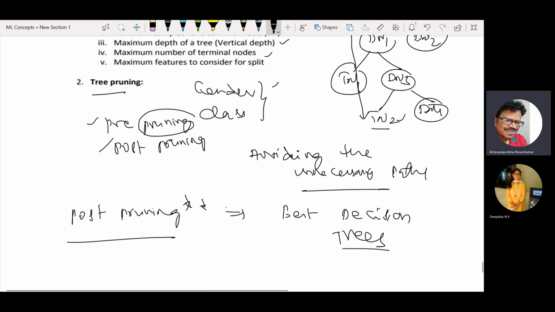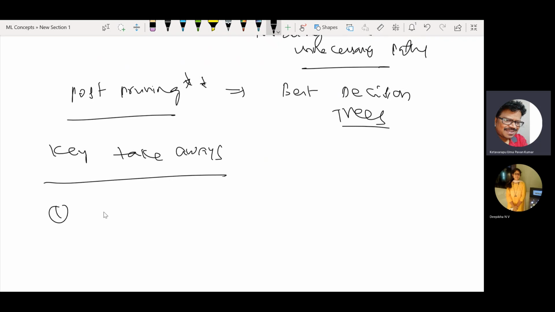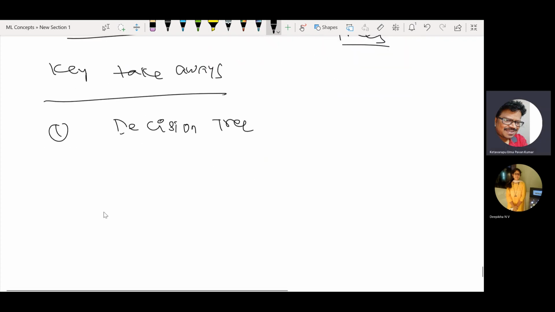Now, before taking leave, before terminating the session, let me give you the key takeaways, where you can revise the things. We have introduced the decision tree, the tree structure, and then we have seen some terminology. This terminology includes the decision node, terminal node, all these kinds of things.